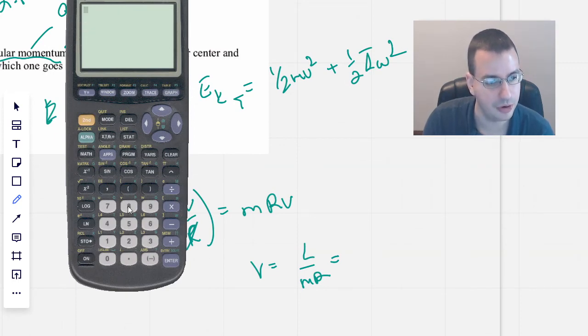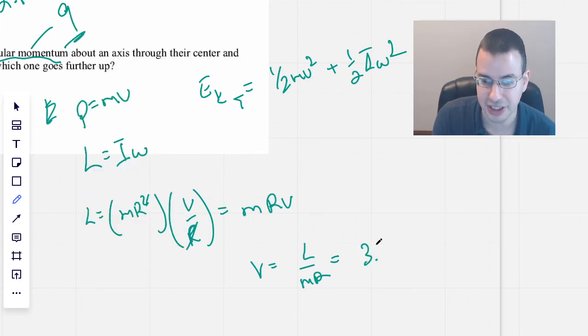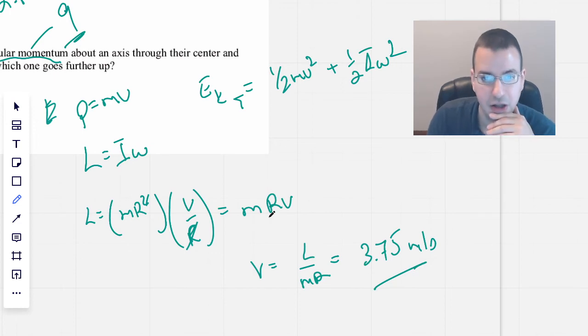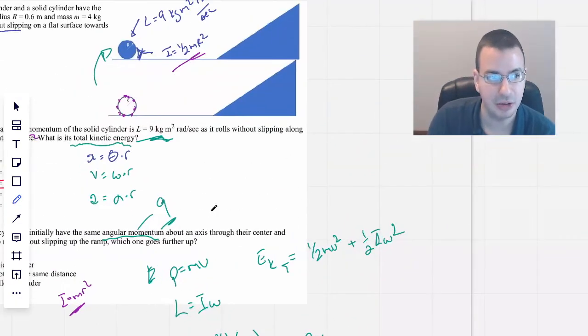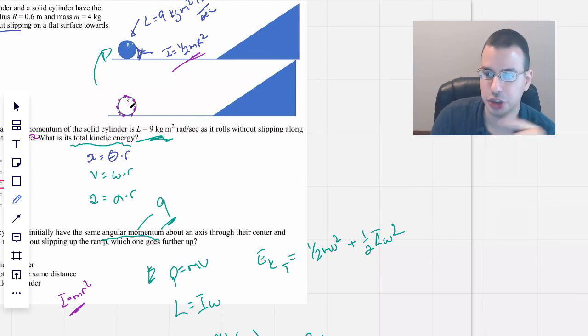We had 7.5 before. This time we'll have 9 divided by quantity 4 times 0.6. We should get 3.75. Makes sense, which is half of what it was before, 3.75 meters per second. Since they had the same angular momentum, this one is translating slower than the top one.